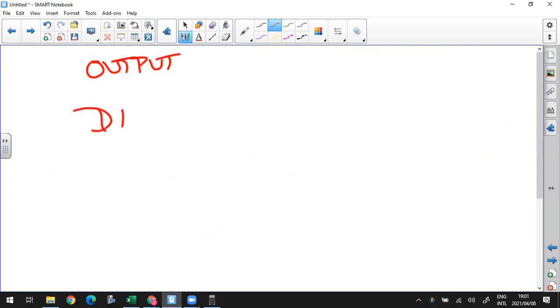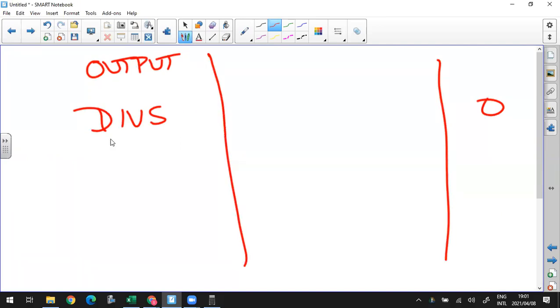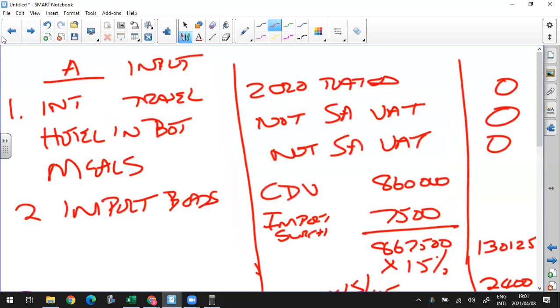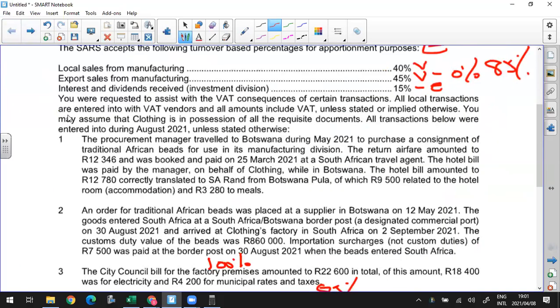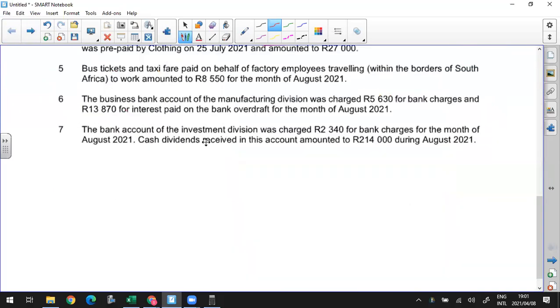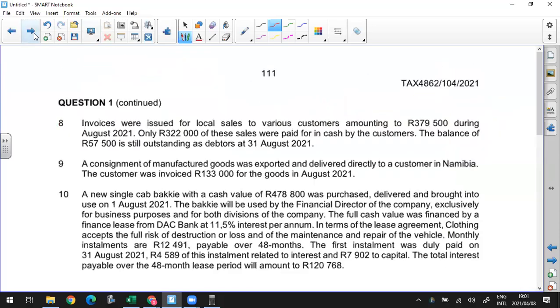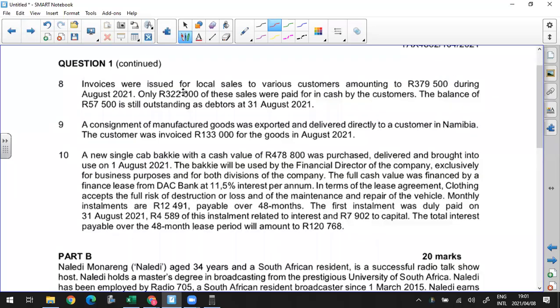What happens with dividends for output VAT? Dividends are a financial service, therefore exempt.